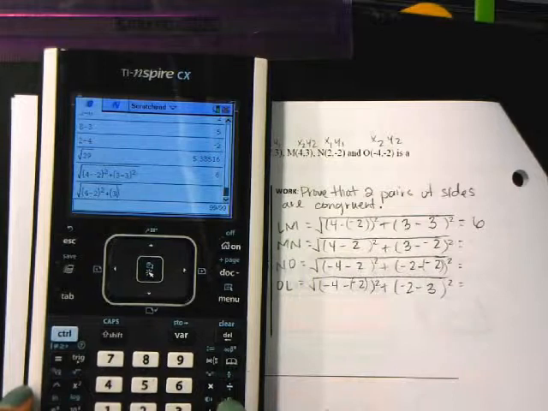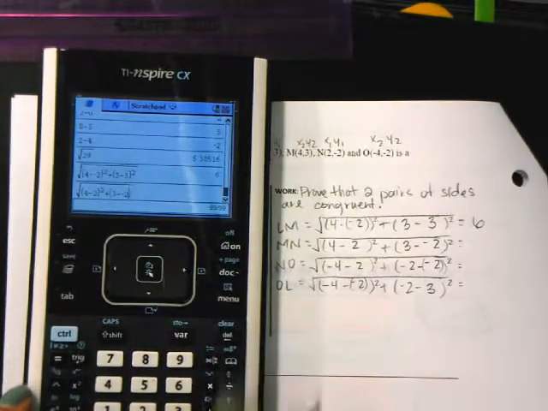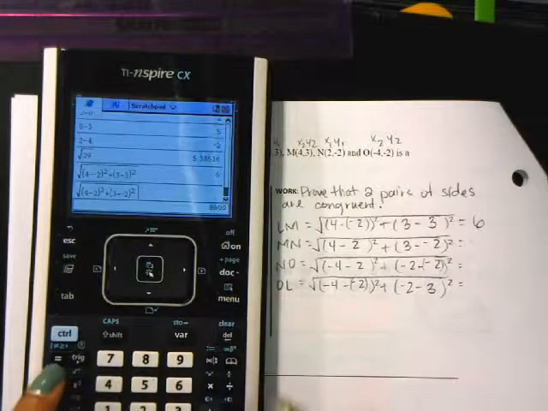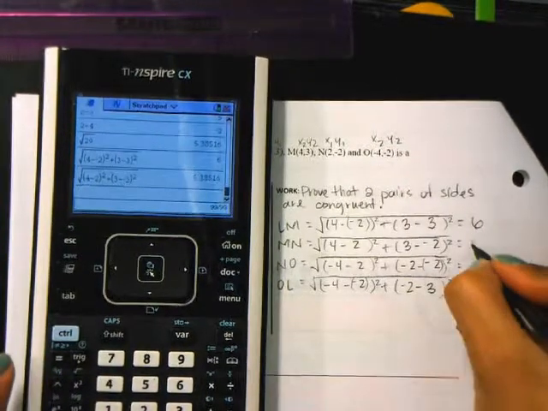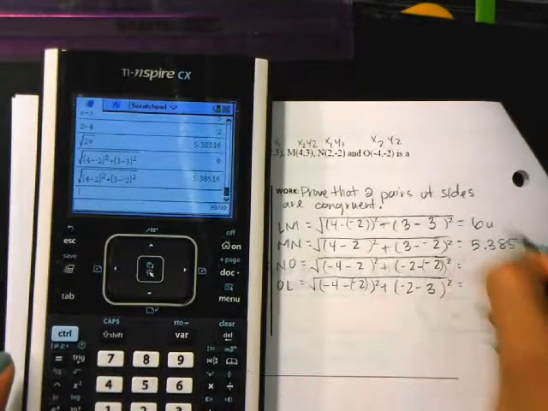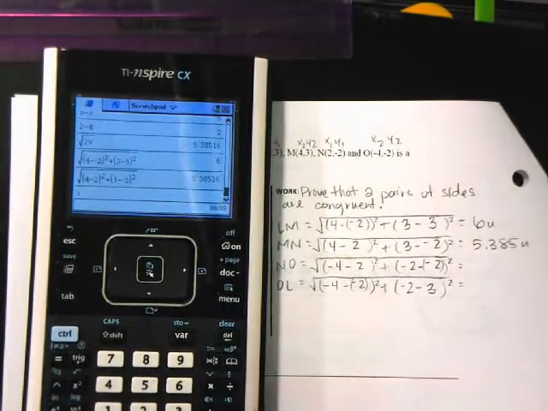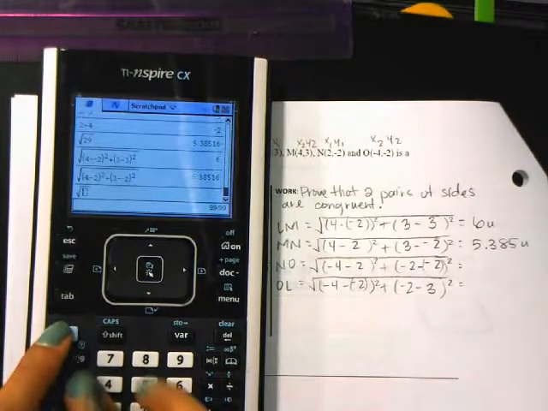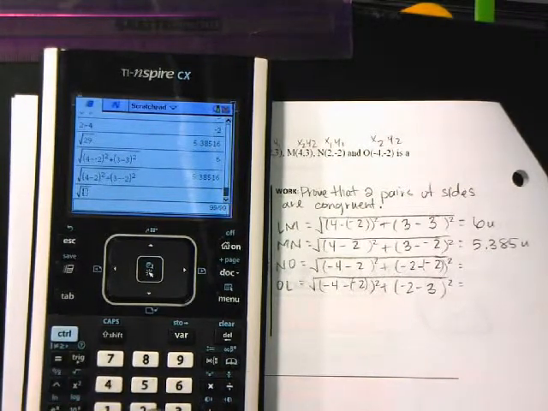In NO, we got square root symbol, parentheses, negative 4 take away 2 squared plus parentheses, negative 2 take away negative 2 squared, and I get 6 for this one.